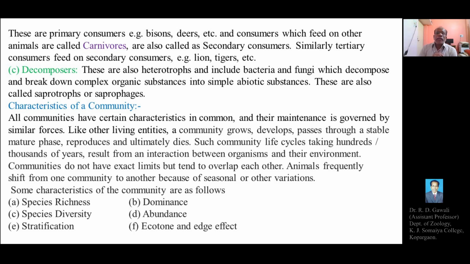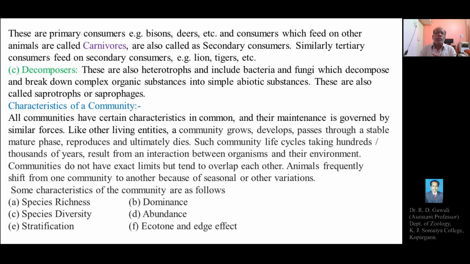Such community life cycles, taking hundreds or thousands of years, result from an interaction between organisms and their environment.